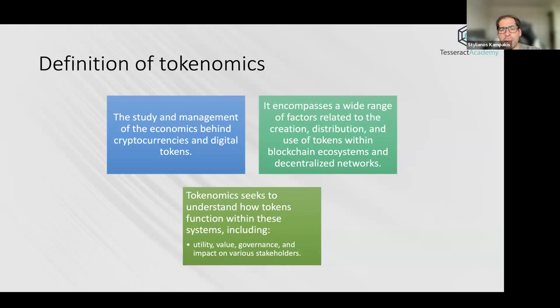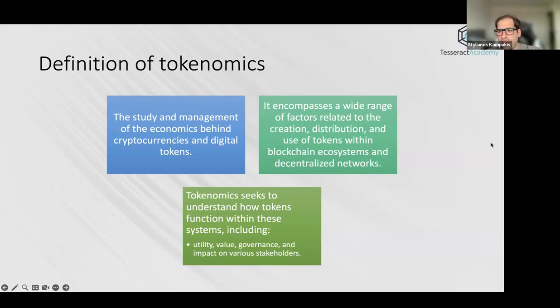For a long time, cryptocurrencies were the name of the game, and then with Ethereum and tokens, and then other layer ones, and now layer twos, and interoperability chains, and things like that, tokens have essentially overtaken cryptocurrencies. It's more likely that someone starting a new project in this area will be creating a token on top of a layer one instead of creating their own cryptocurrency. Okay, so tokenomics essentially is the study of these types of economies on the blockchain.